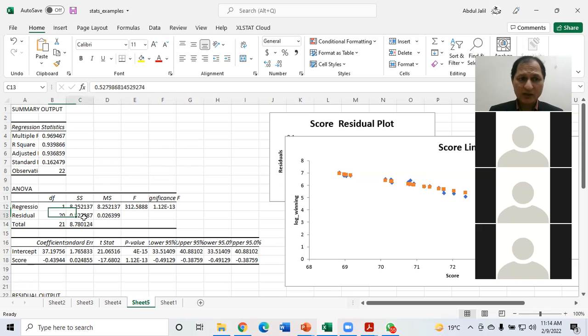That is the residual. So if there is a smaller amount of residual and a large amount of explained variation, your F value will be larger. And if your F value is larger, it means straightforwardly that your model is strong, a good, effective model.